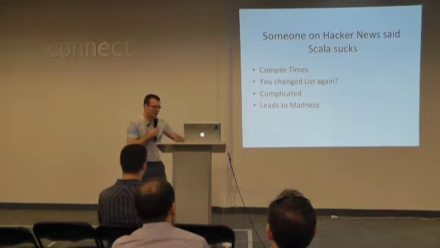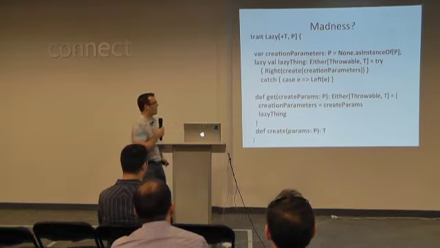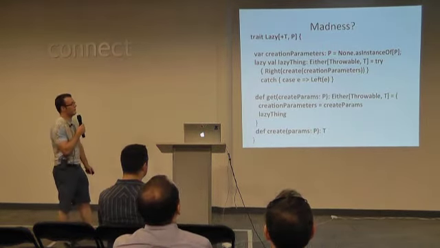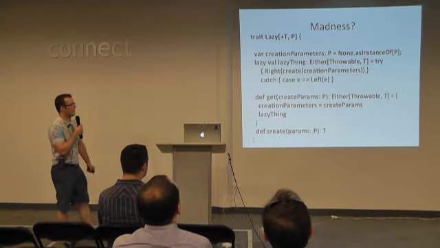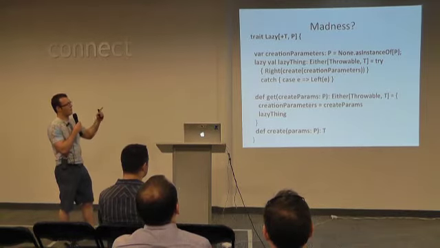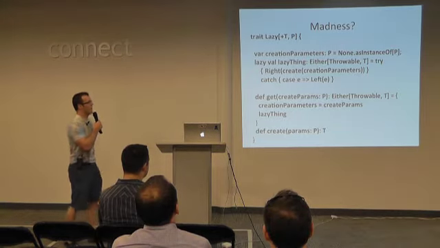And let me try to explain that with some code. All right, so you're looking at a trait, which is a type class that tells you you can create an object with some parameters, and it will only be created once, and if you ever try to change the parameters, it just won't work, right?